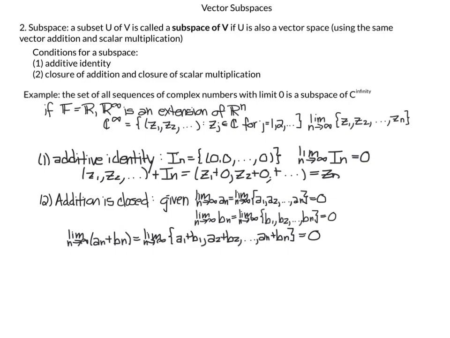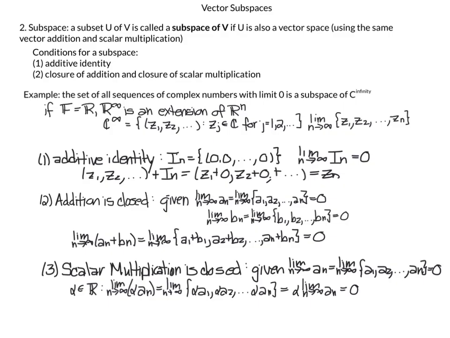Now the limit of an plus bn as n approaches infinity: remember we add our sequences term by term, so we have a1 plus b1, a2 plus b2, all the way to an plus bn. But since separately an goes to 0 and bn goes to 0, the limit for the sum, or for this sequence, will also go to 0. So addition is closed.